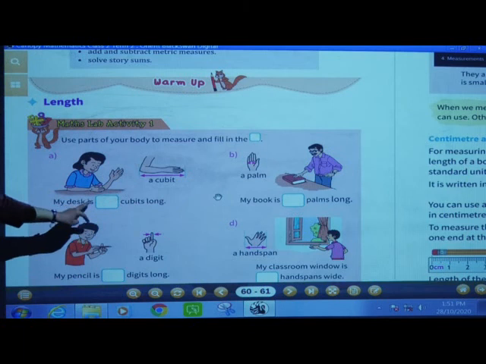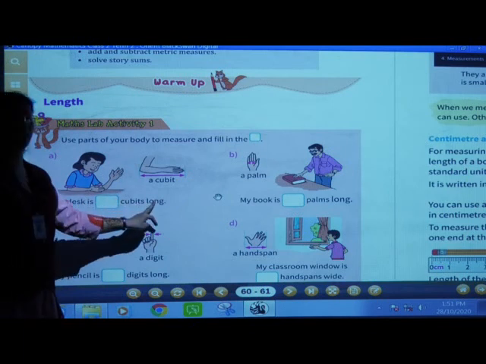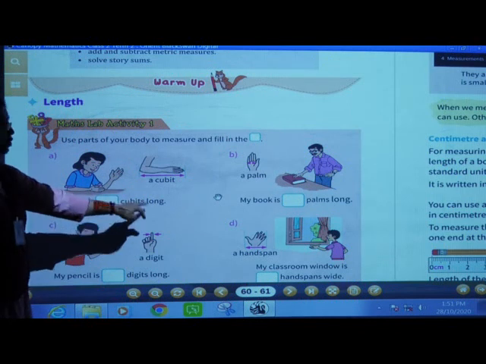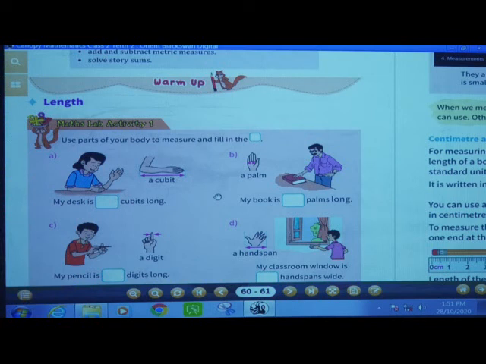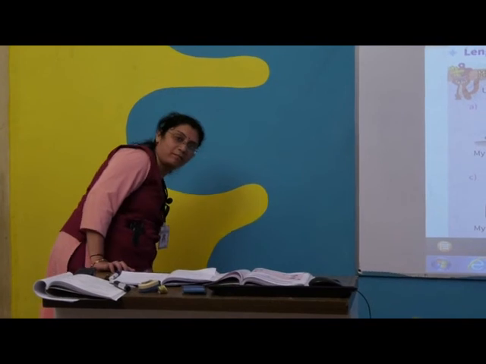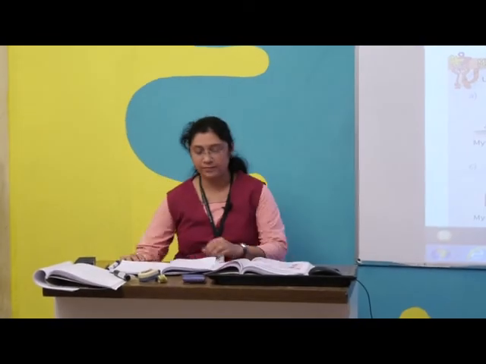My desk is dash cubits long. I am measuring my desk with the help of cubits. See here, 1 cubit and 2 cubits.